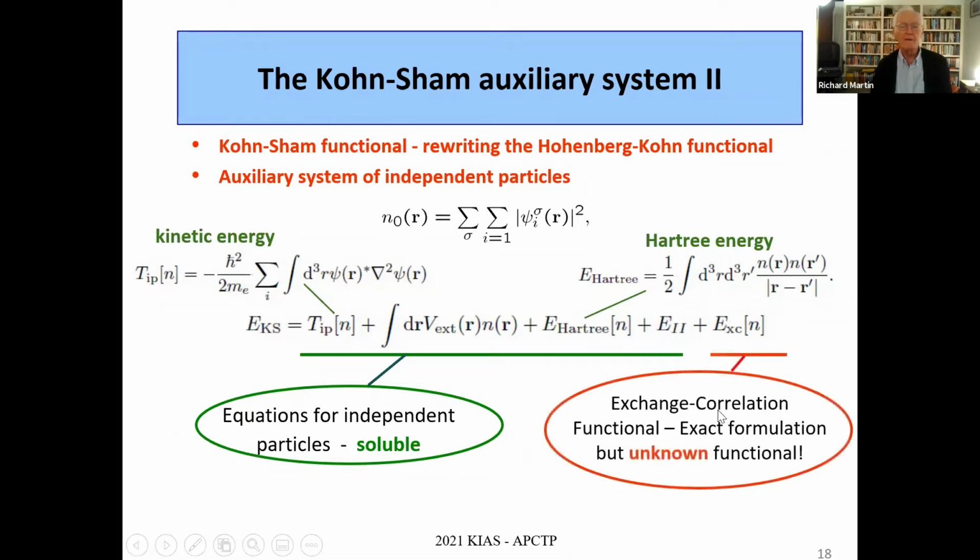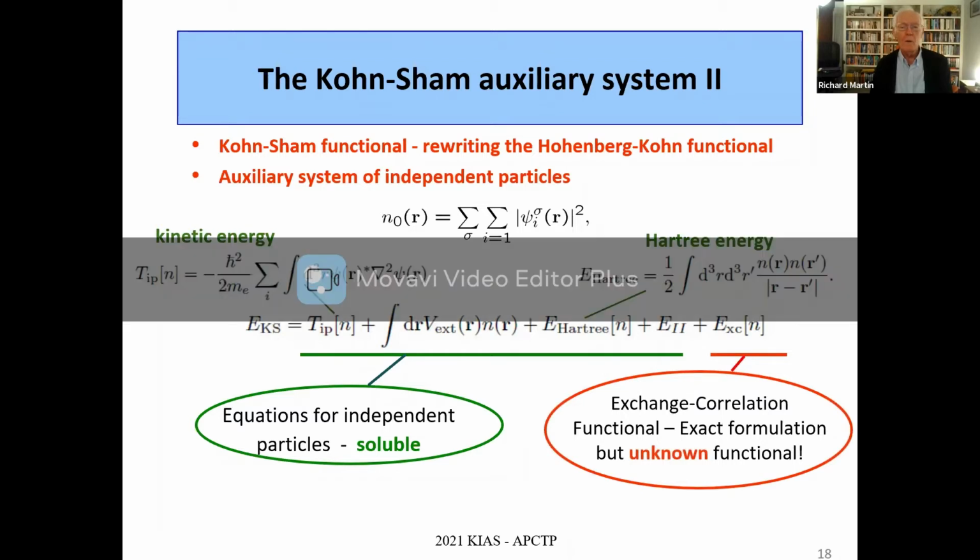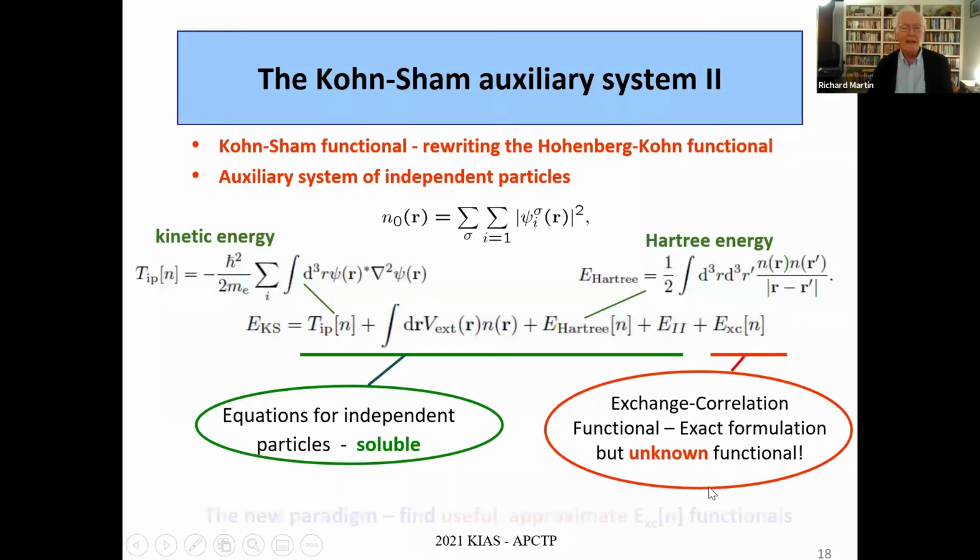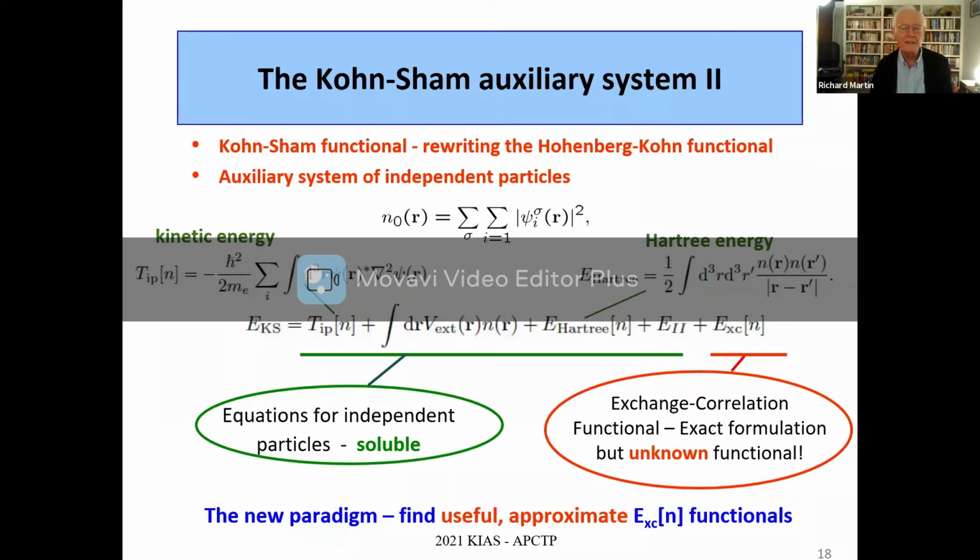And the difficult parts are put in this exchange correlation term, and we can just say it's not known, maybe even unknowable, but the way it's formulated, it leads you to ways to make approximations, and the new paradigm for how to do calculations in condensed matter physics is to find useful approximations for the functionals.